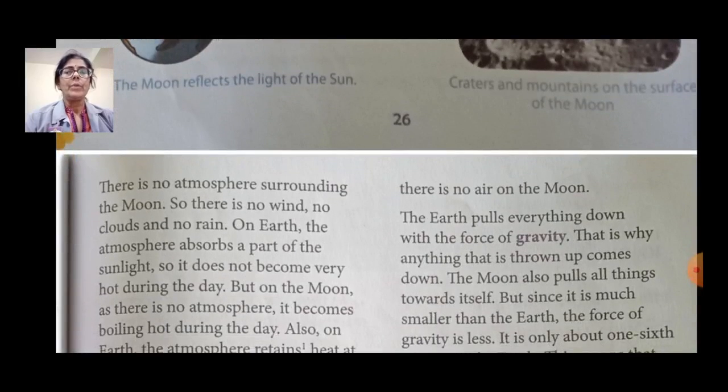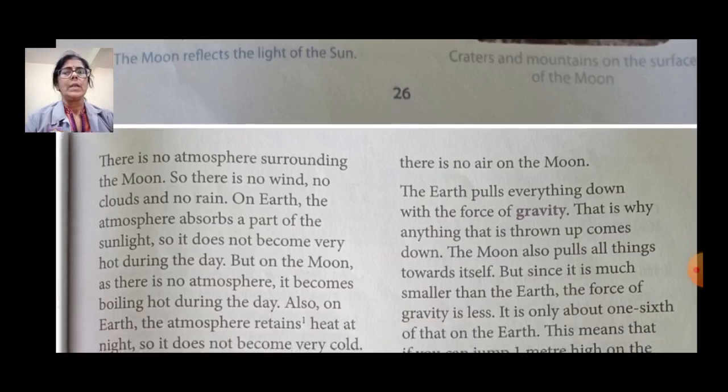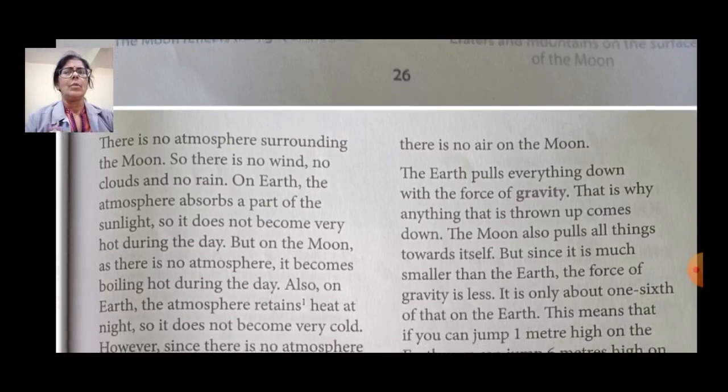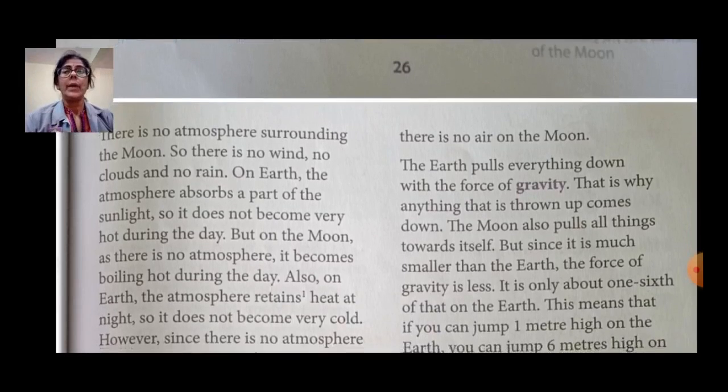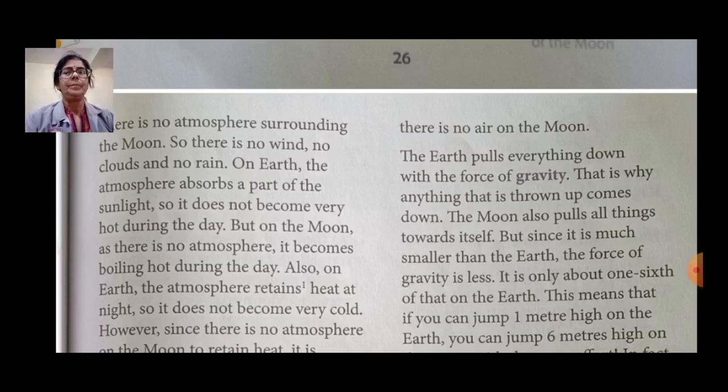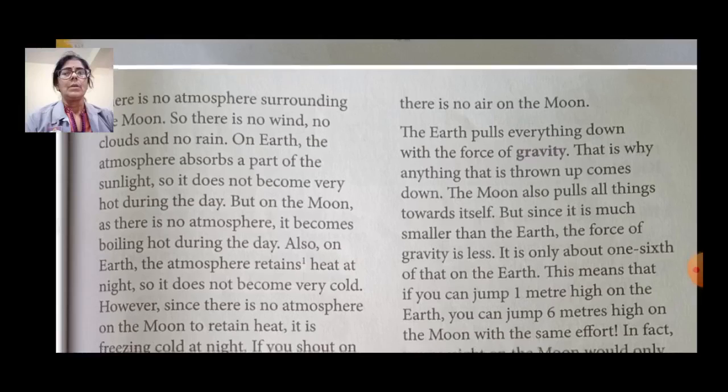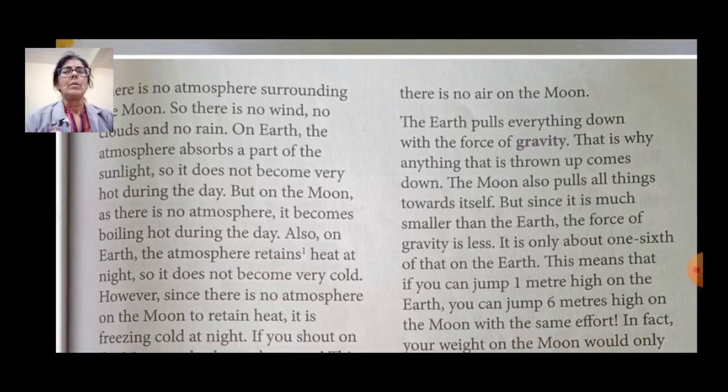Just now I have told you that there is no atmosphere surrounding the moon. So there is no wind, no clouds and no rain on the moon. On the earth, atmosphere absorbs a part of the sunlight. So it does not become very hot during the day or very cold during the night.